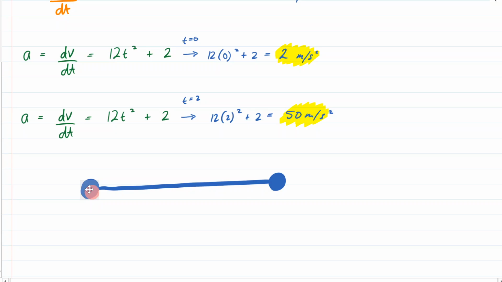But let's imagine this is just at a constant velocity. I'm moving from the beginning, the velocity is constant. That means my acceleration would be 0. But what this is telling me is that I'm going from 2 meters a second squared to 50 meters a second squared. So I'm increasing my acceleration. I'm starting off by increasing slowly, then I'm getting really quick, and then maybe I stop. I don't know, maybe I keep on going forever. Hopefully that makes a little bit of sense.